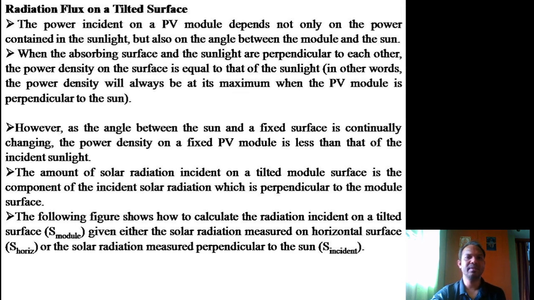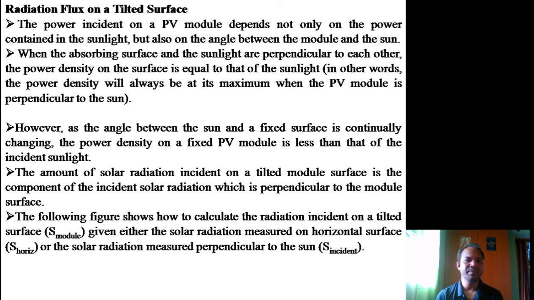Now let me consider radiation flux on tilted surfaces. The power incident on a PV module, that is a photovoltaic module, depends not only on the power contained in the sunlight but also on the angle between the module and the sun. When the absorbing surface and the sunlight are perpendicular to each other, the power density on the surface is equal to that of the sunlight.